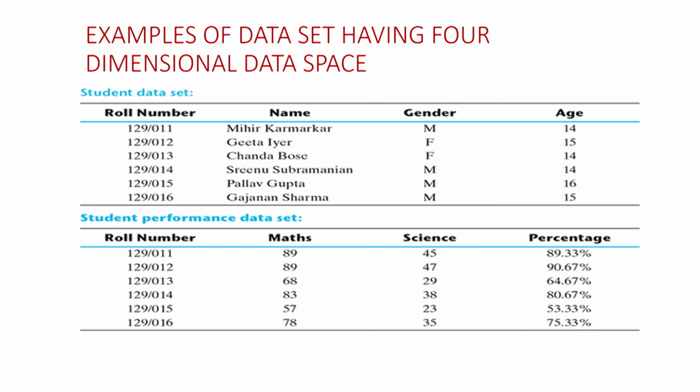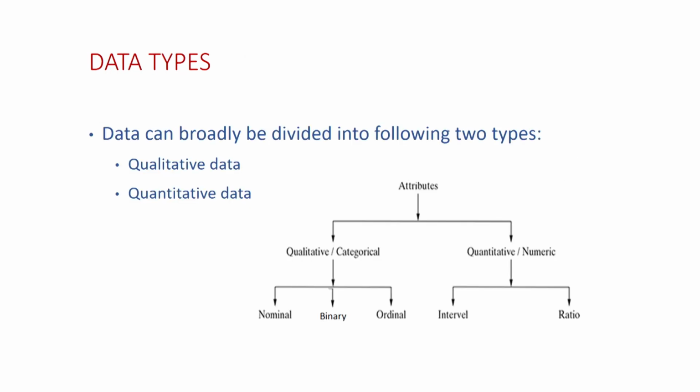These are the 4 features. In the first student data set, we have 6 instances, or we are talking about 6 students. In the same way, in the second data set also we have 6 instances. So, 6 rows are there, so 6 instances are there.